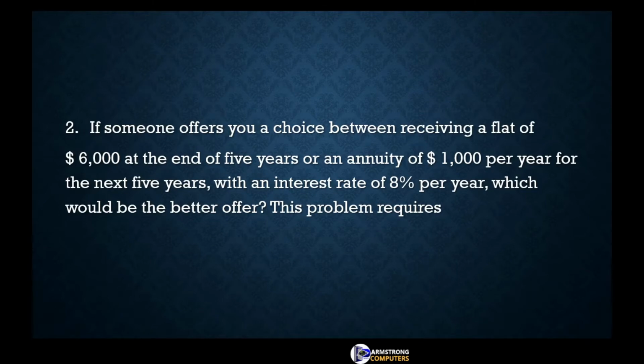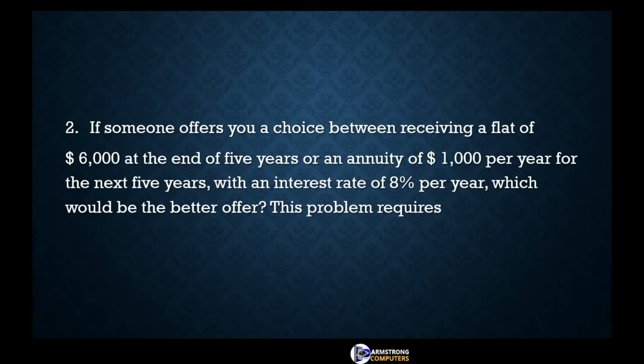Per year means every year. So every year you pay $1,000 for the next 5 years with an annual interest rate of 8%, so every year you pay 8% on the 1,000 for the next 5 years. So which of these would be the better offer?